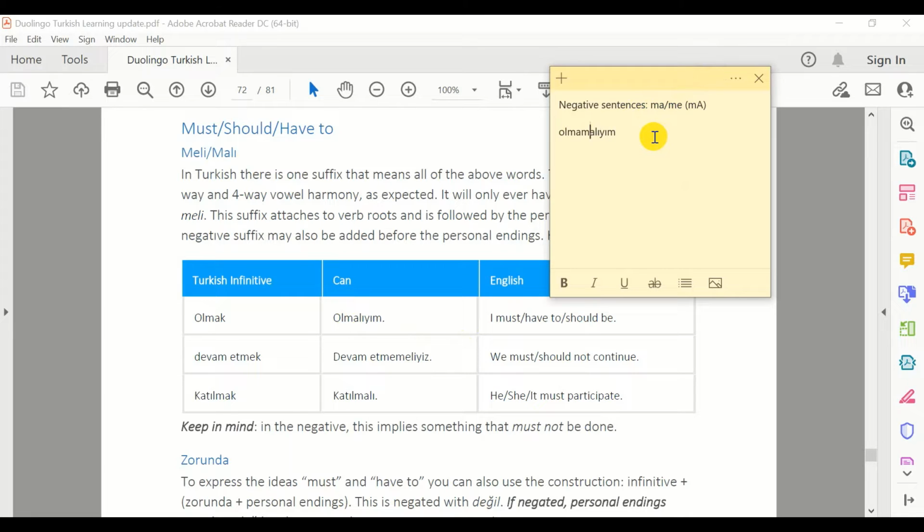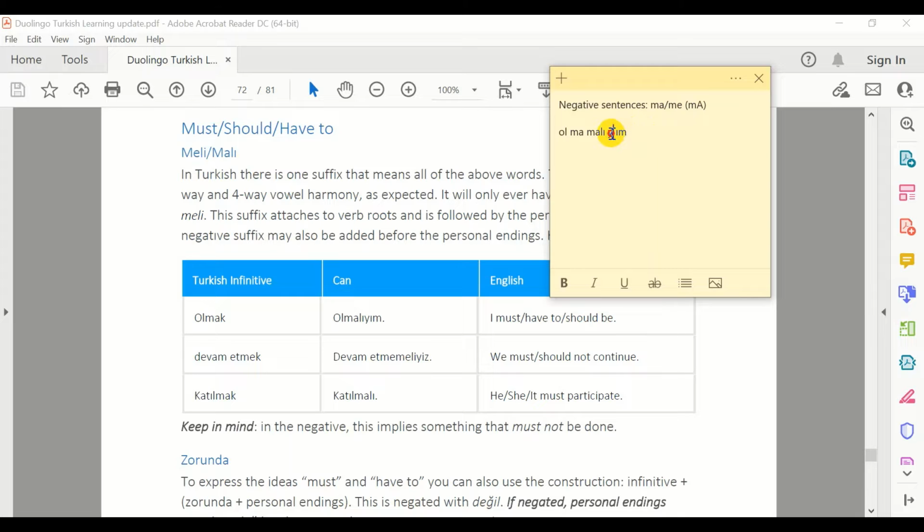Only I have added this suffix. That is all. And here it is the verb root, the negative suffix, malı, the obligatory suffix, and yım, the personal ending, the personal suffix.